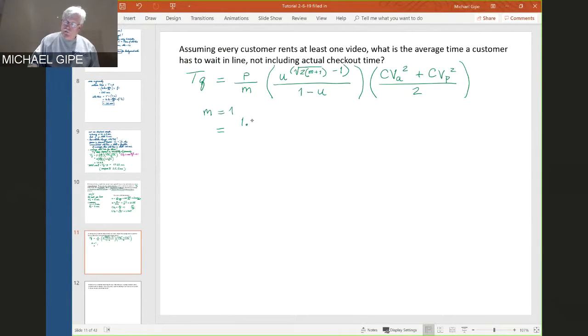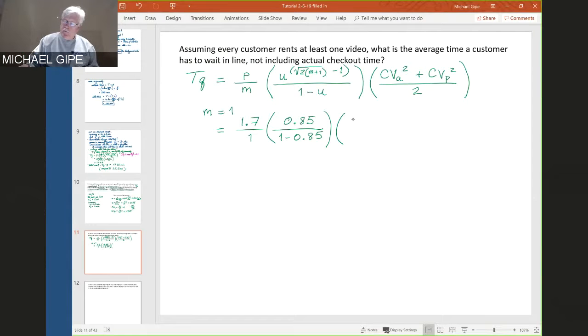So 1.7 divided by 1, and that whole mess is 0.85, which is just the utilization that we calculated earlier, and then 1 minus that utilization of 85%.